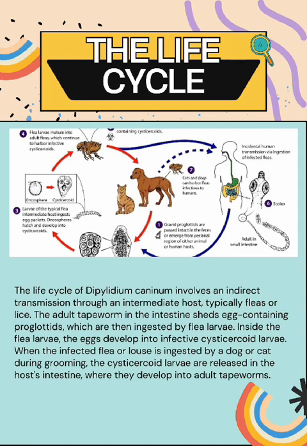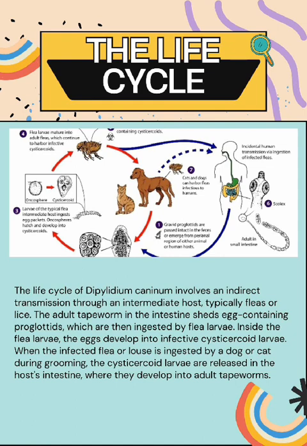Fourth is infection of the definitive host. When an unsuspecting dog or cat ingests an infected flea during grooming or through other means, the cysticercoid larvae are released into the animal's intestine. Fifth, maturation and reproduction.